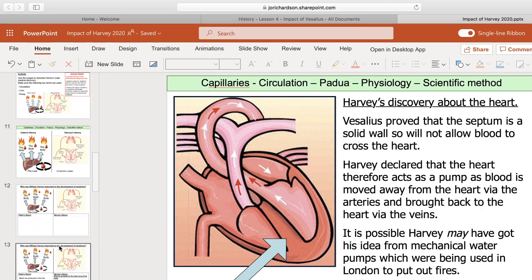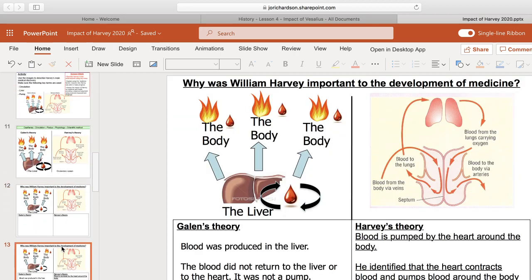And when you look over here, let's imagine that this is the inner workings of the heart. The blood is going away over here via the arteries. It then goes to the lungs to get oxygen.